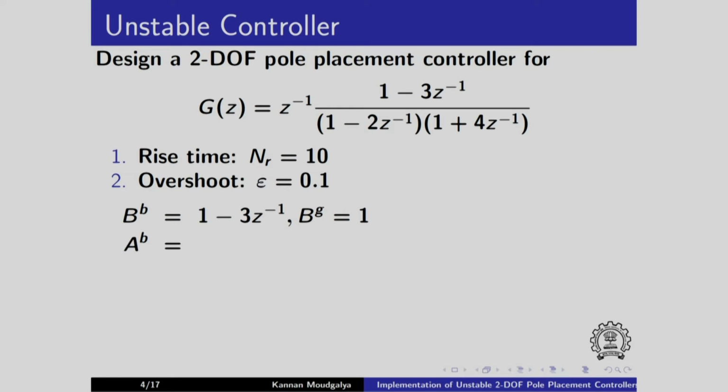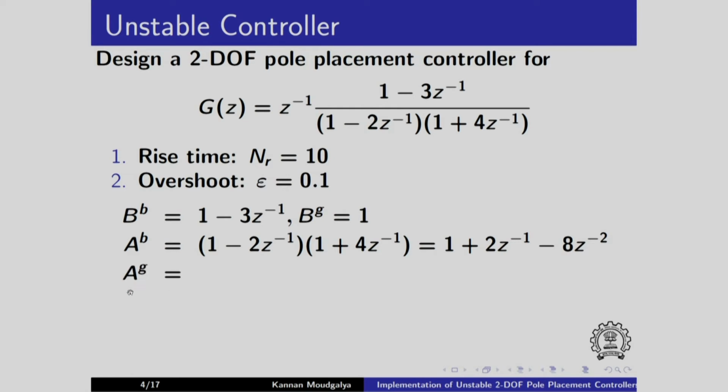What about AB? AB is once again this whole thing, which I can multiply as follows. So what happens to AG? AG is equal to 1. So this is a specific example I have put together, and for this, for the desired rise time and overshoot condition, I get this phi CL.